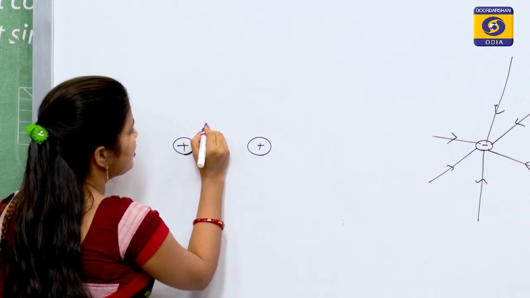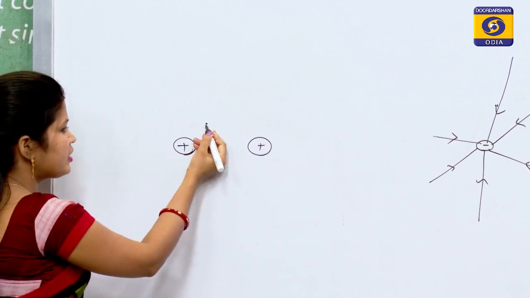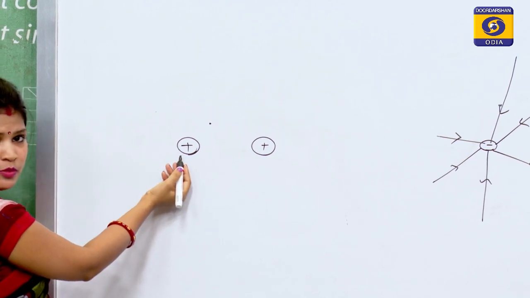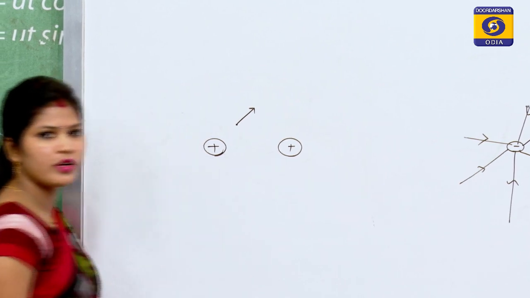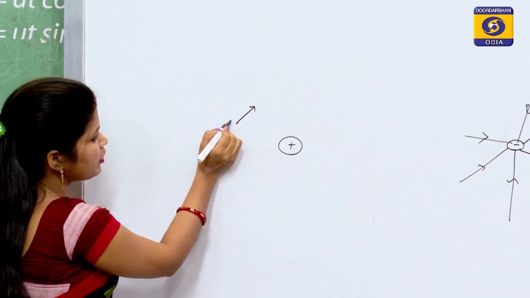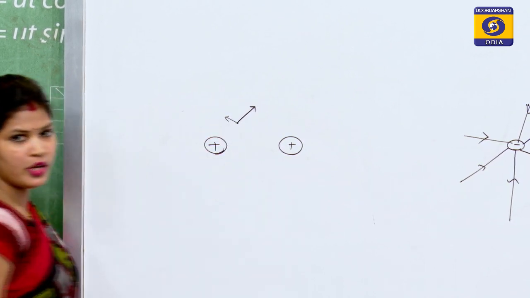Place a test charge here, imagine a test charge here, and this test charge will experience force of repulsion due to first positive source charge, that is in this direction, okay, and due to second positive source charge the test charge will experience a force of repulsion in this way, okay.